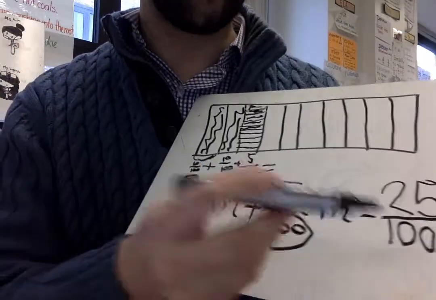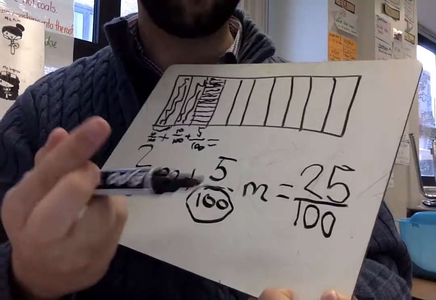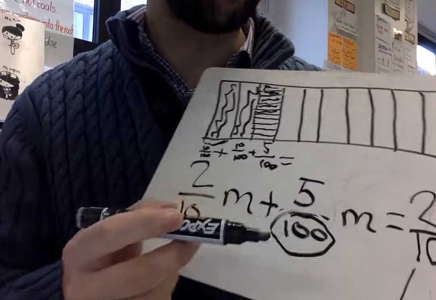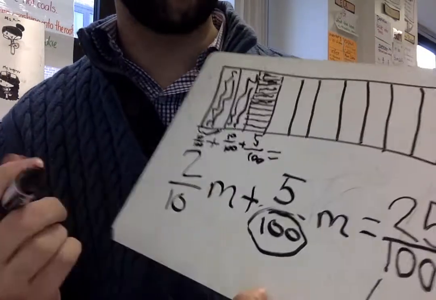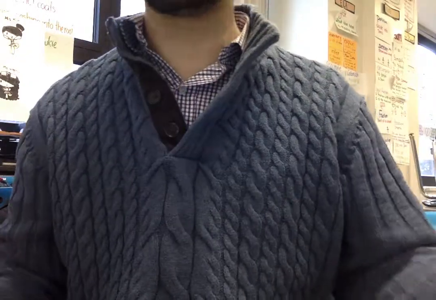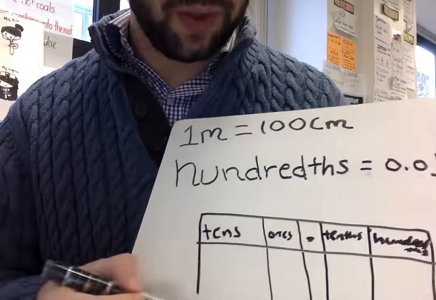And I can break this apart using the second strategy. We used the tape diagram, and now we're going to go back to our number bond, just like we were using with fractions. I'm going to break apart this fraction. So I have 25/100ths. I'm going to put that down for a second and bring my place value chart back up.